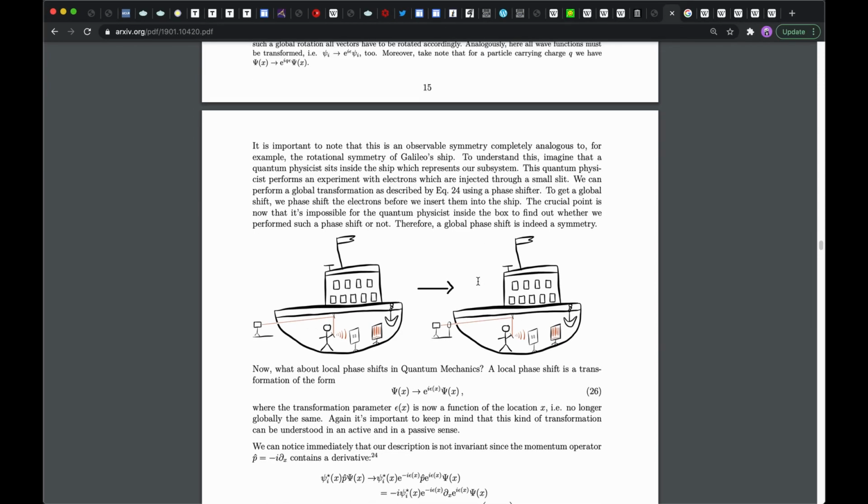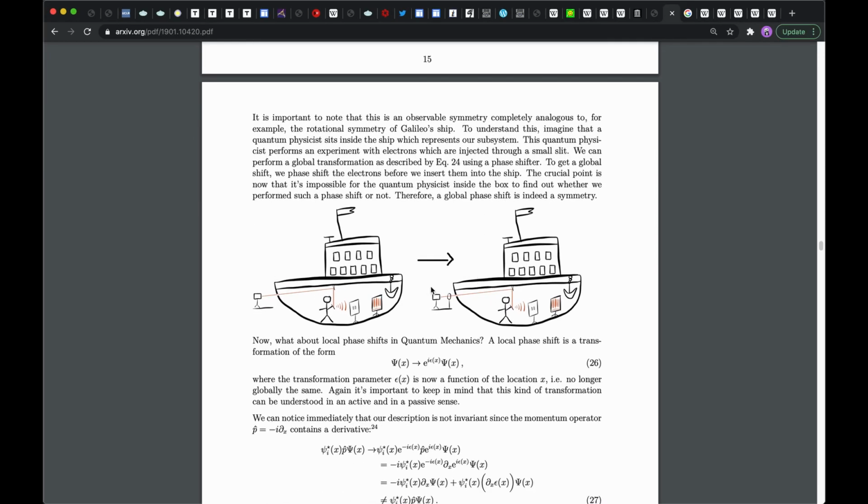And in the article it's described as a global symmetry. So basically, if we change our wave functions externally by some phase transition mechanism, then the physicist inside the boat will not be able to determine if that phase shift has been done.